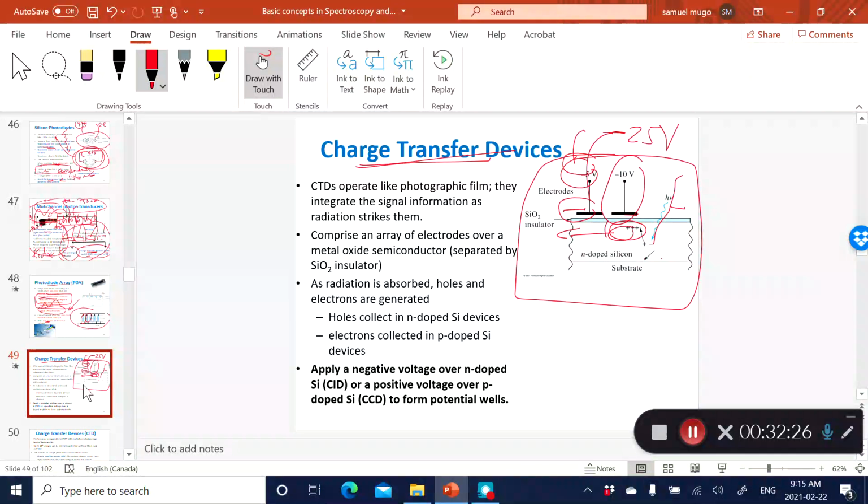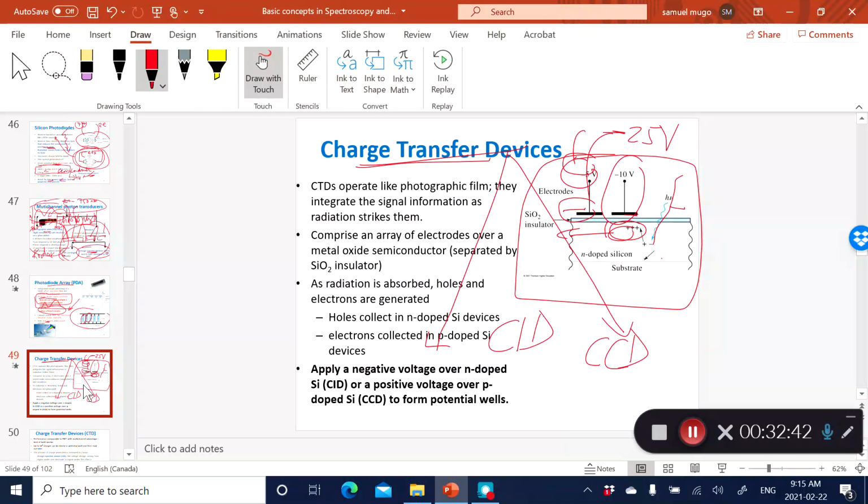And so with the charge transfer devices, therefore, you can have what you refer to as the charge induced device, or you can have the so-called charge coupled device.